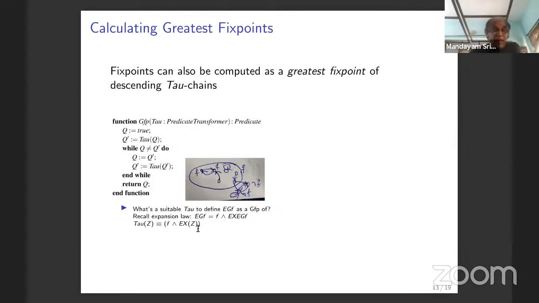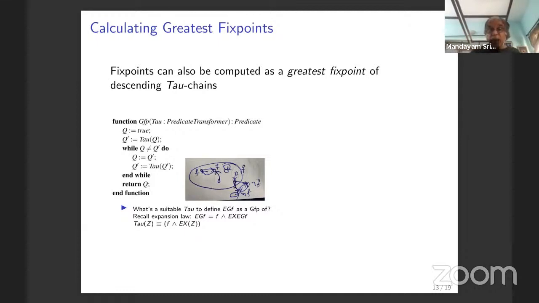And if you look at that, in each step I'm applying this EF of EX of Z. These strongly connected components are exactly those that satisfy f and EX of f.